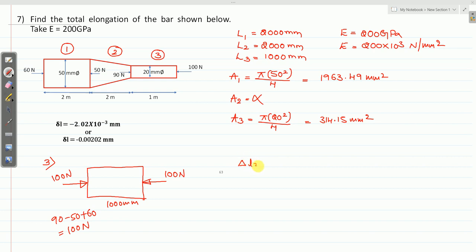Delta L3 equals P3 L3 divided by A3 E3. So P is 100 into length 1000 divided by A3, 314.15, multiplied by Young's modulus 200 into 10 raised to 3. So let me simplify this.